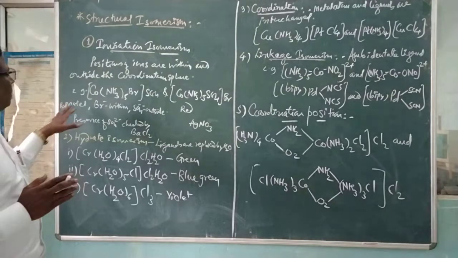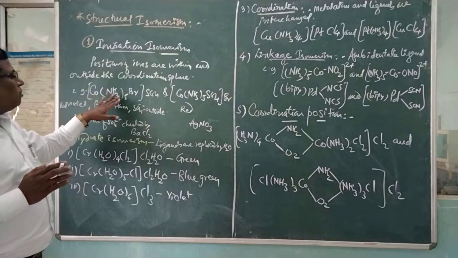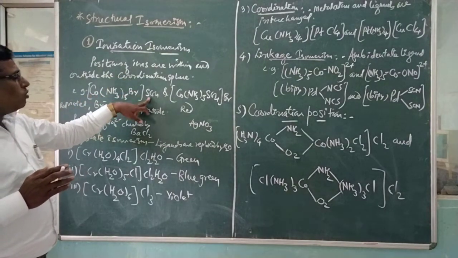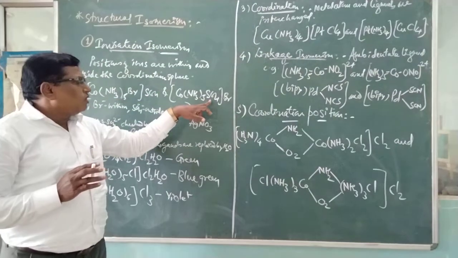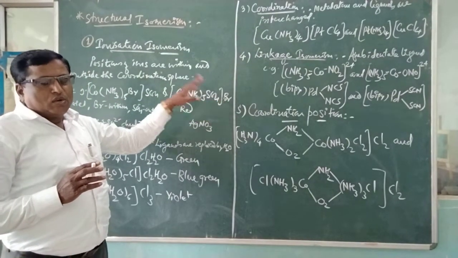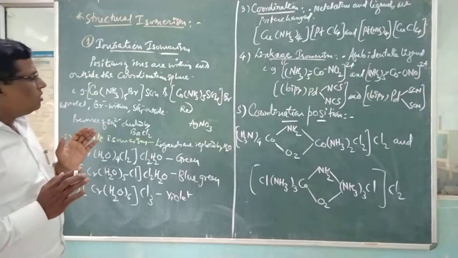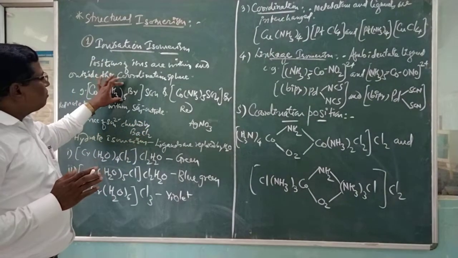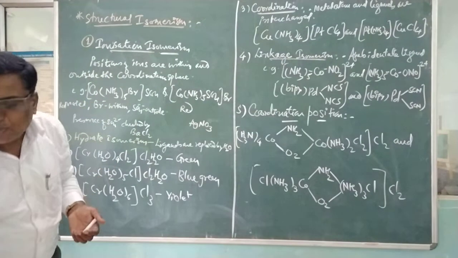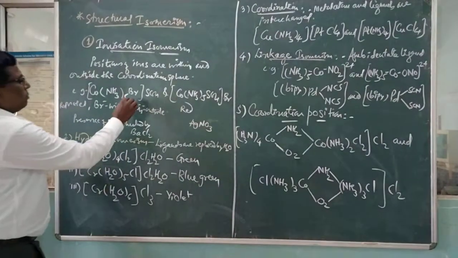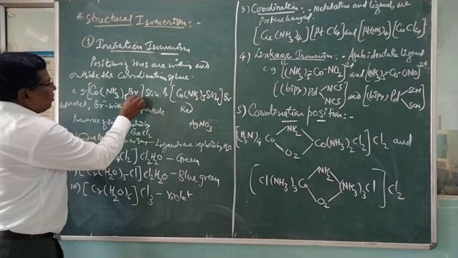If we take here Co(NH3)5Br SO4 and Co(NH3)5SO4 Br. Now both complexes are similar, but what is the difference here? In the first complex, Br is within the coordination sphere.